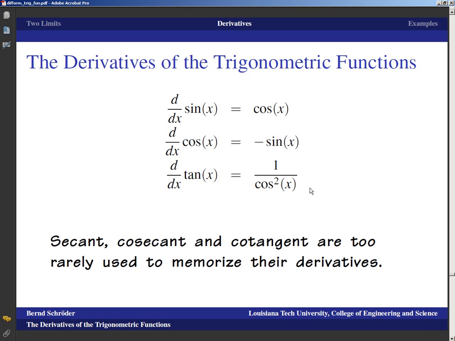And here's where we are jumping basically to my opinion. There are 3 more functions that people often talk about or feel obliged to talk about: secant, cosecant, and cotangent. In my opinion, and I really have to emphasize that this is in my opinion, if your teacher wants you to memorize those derivatives, you do it.